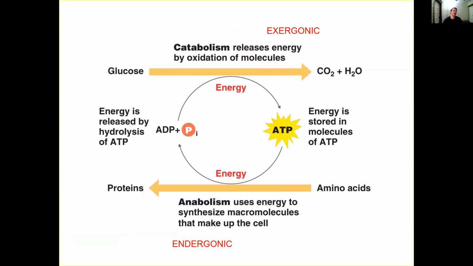So with that in mind, this diagram should look very familiar. Remember when I said catabolic reactions are exergonic, meaning they produce energy, and anabolic reactions are endergonic. They consume energy, they use energy. So catabolism pays the system, anabolism costs the system.